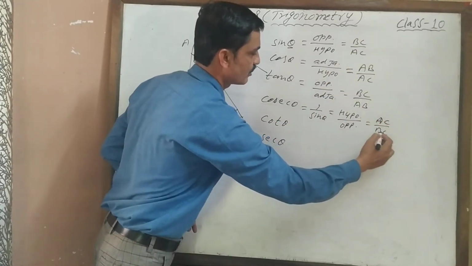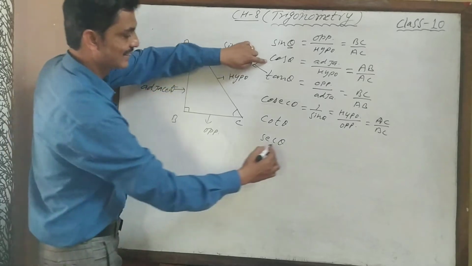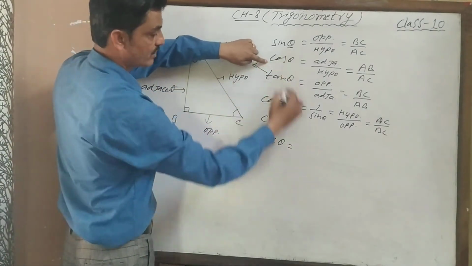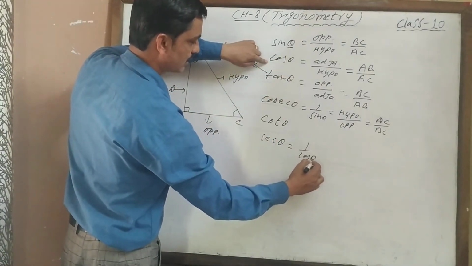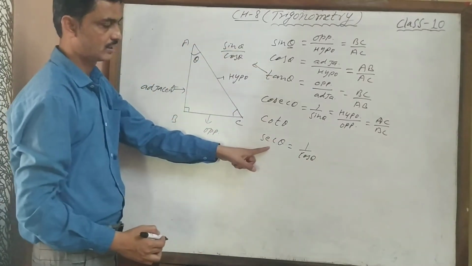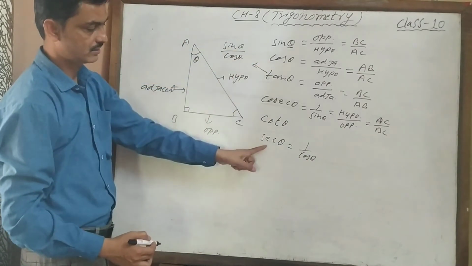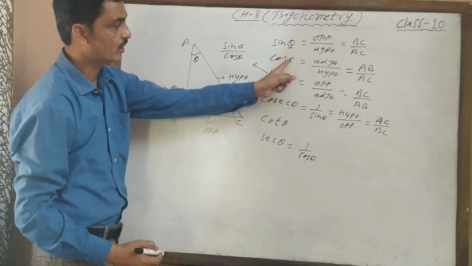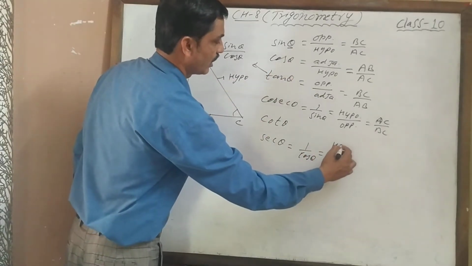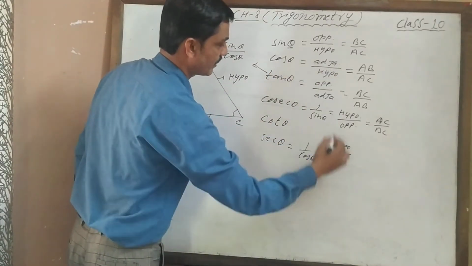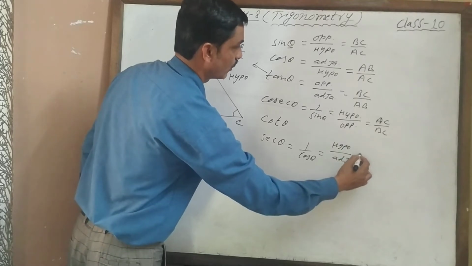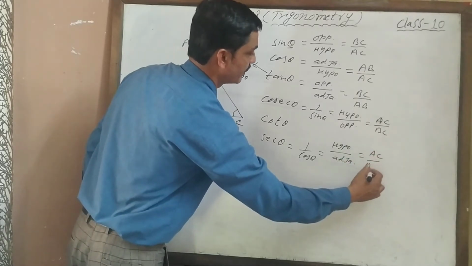Similarly, sec theta is the reciprocal of cos theta, 1 upon cos theta. So we have hypotenuse upon adjacent, or we can write AC upon AB.